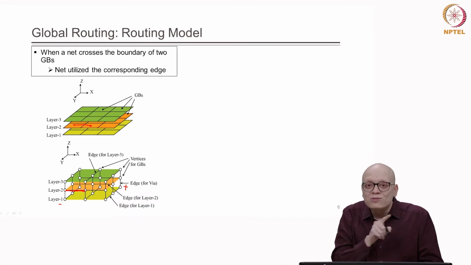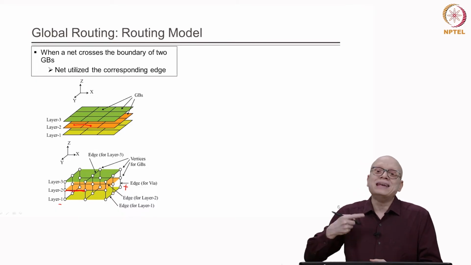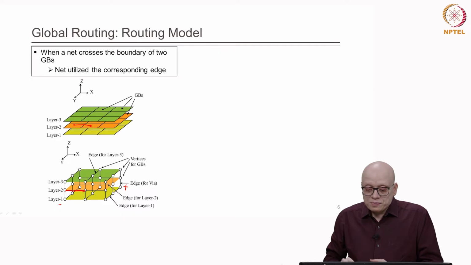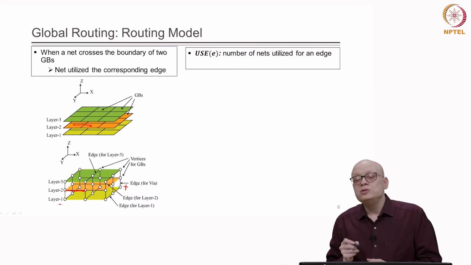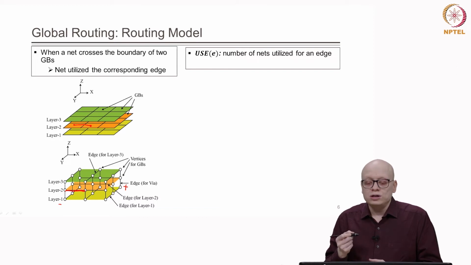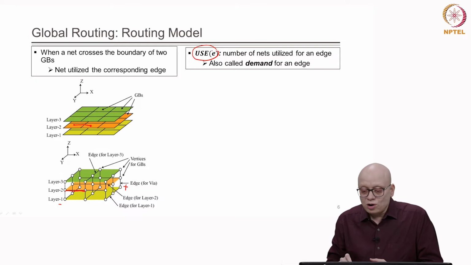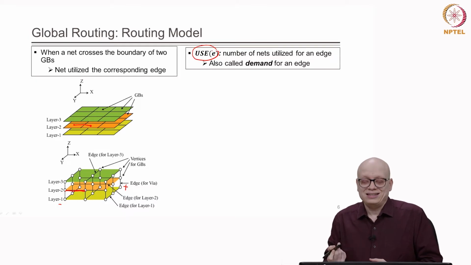It is not only one track, it can be many tracks, and therefore each edge in the grid graph can be used by many nets. The number of nets utilizing an edge is known as the use of that edge, or we can also call it the demand of that edge.